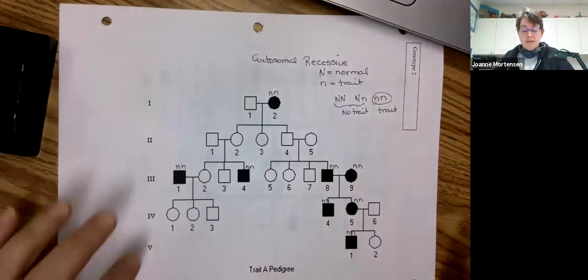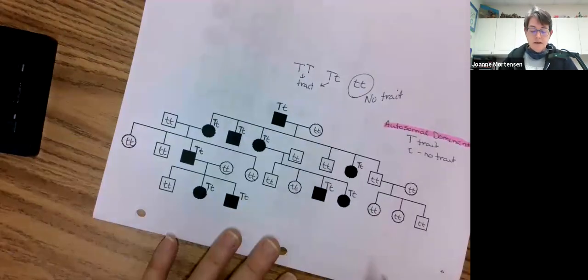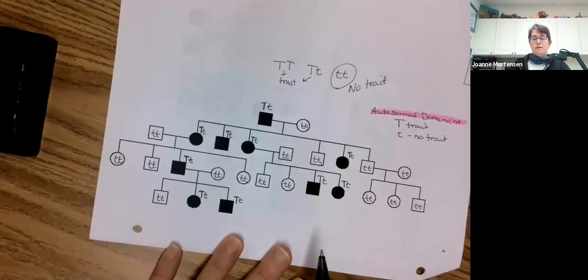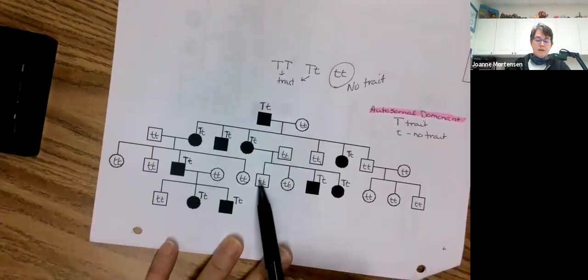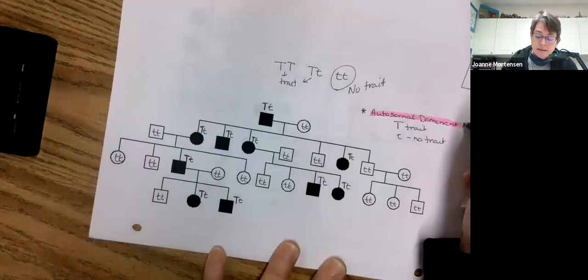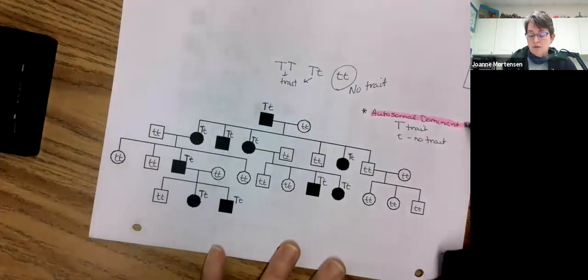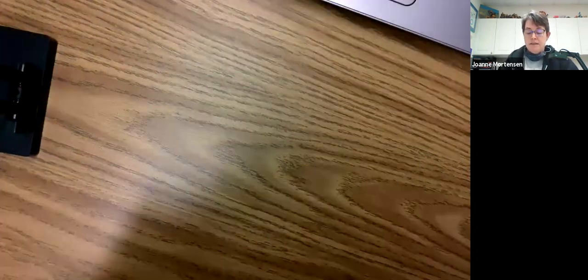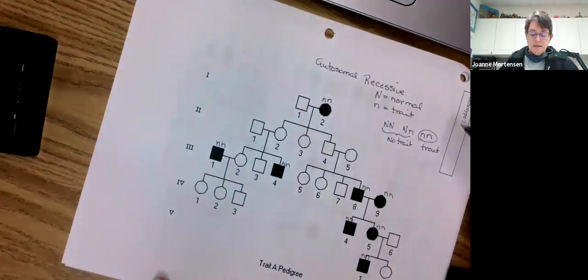Now, if you remember, I'm just going to flip back for a sec. When we did this one, it was the ones that weren't showing the trait. They were the non-colored ones that we could do right away. So it really, really depends on getting this part right. So if it's autosomal dominant, no traits are going to be the uncolored ones. Whereas if it is a recessive trait, it's going to be the colored ones that get that.